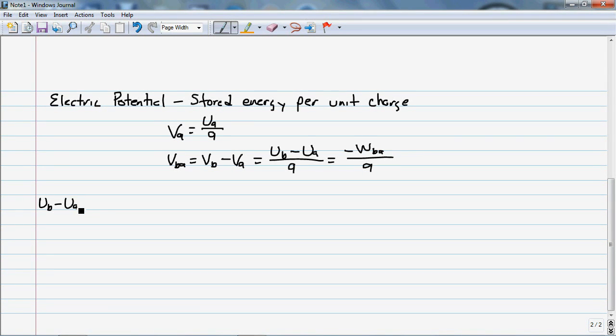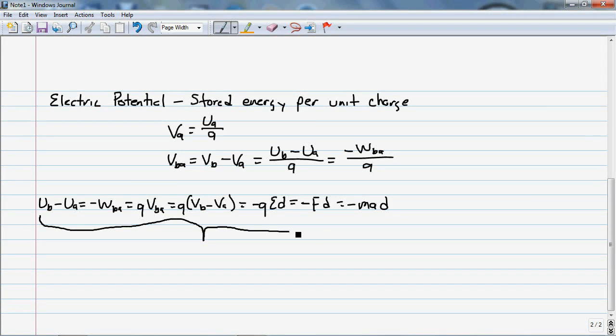UB minus UA is equal to the negative of the work from B to A, is equal to the charge times the potential difference between A and B, which is Q times the potential at B minus the potential at A. That's equal to minus Q times the electric field times the distance the charge moves through, equal to minus force times distance, and equal to minus mass times acceleration times distance. All of these are equal.